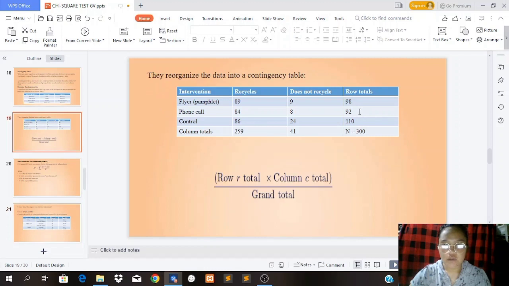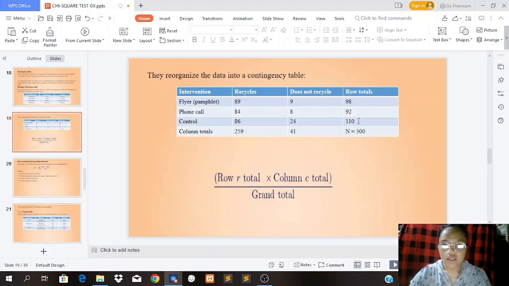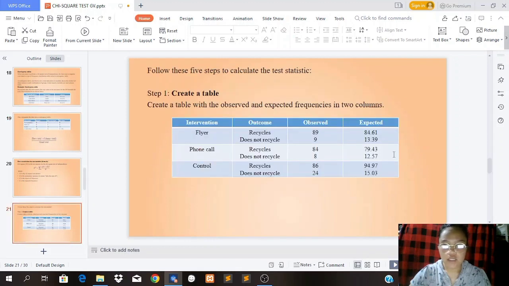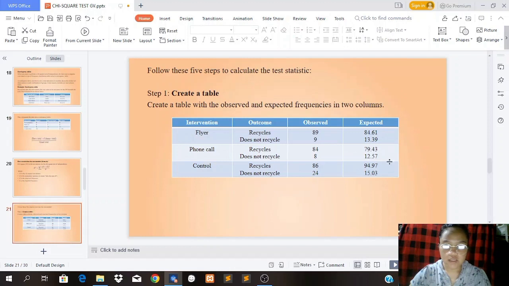Then 92 times 41 divided by 300 equals 12.57. 110 times 259 divided by 300 equals 94.97. Last, 110 times 41 divided by 300 equals 15.03.